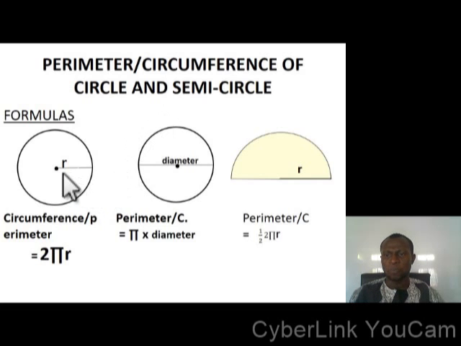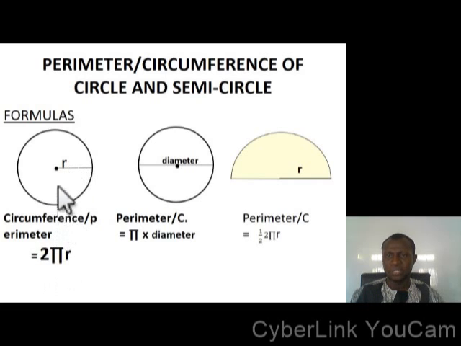Alright, here we have a circle with radius. Remember that radius is the line from the center of the circle to any part of the circumference, just like we demonstrated in our previous lesson. So if radius is given in the question and you are asked to find the circumference or the perimeter of that circle, you use this formula, which is 2 pi r. 2 pi r, when r, which is radius, is given in a question.